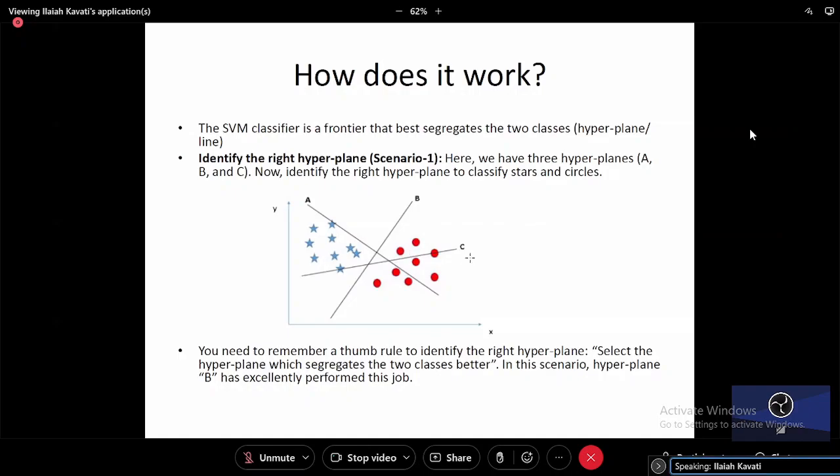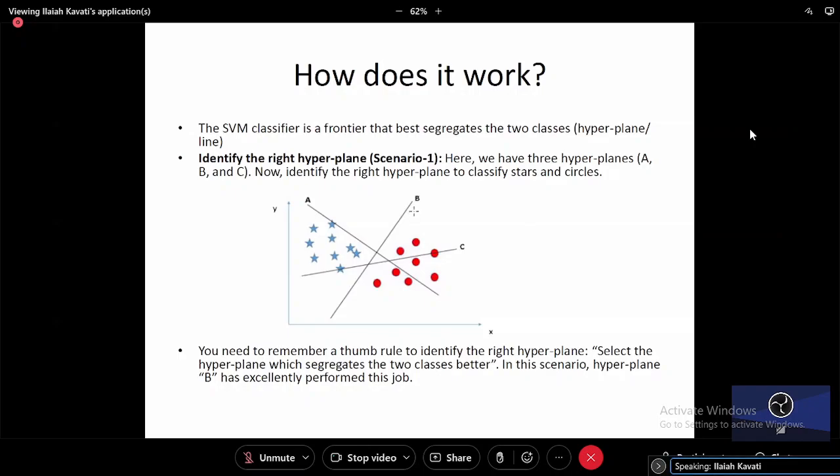Now if you consider C, two circles are segregated into the stars class, and the other objects go into another class. But B is segregating the two classes perfectly. So you need to choose the hyperplane which segregates the classes better. In this scenario you need to choose B.